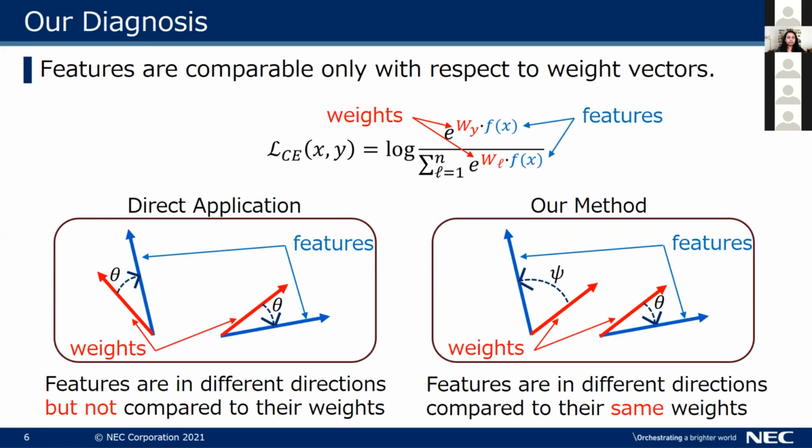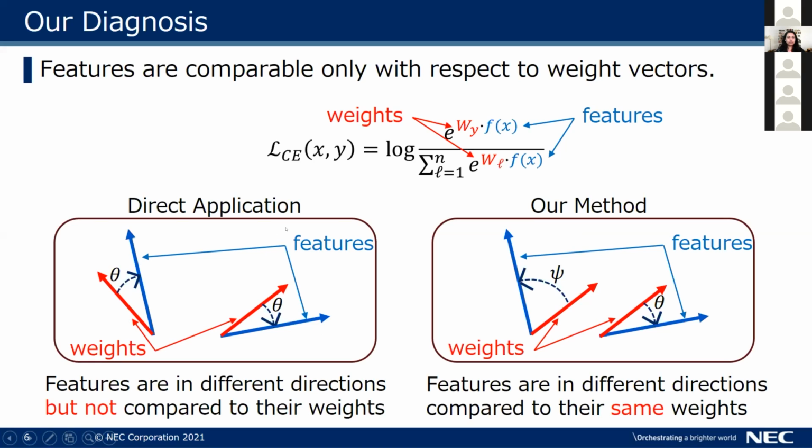So if we see the inside of the loss function for our diagnosis, it is like this. The value of losses is determined by the angle between normalized weights and normalized feature vectors. So only the angles are essential. Suppose we have two models with different feature vectors, like this left sketch.